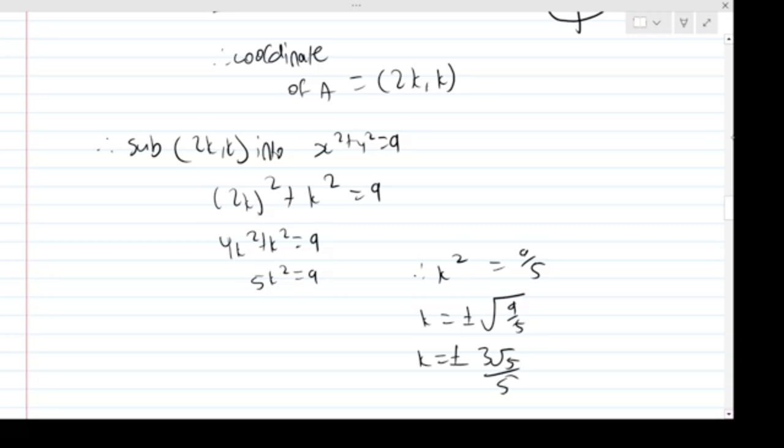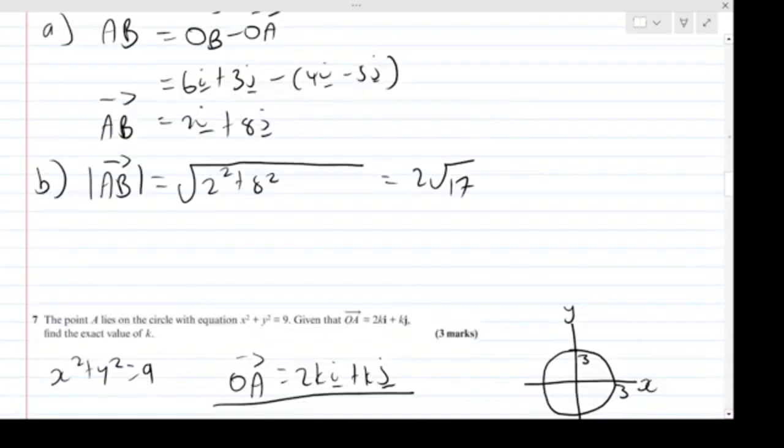And so there we are. The question doesn't tell me if k is positive or negative, so that is the two values of k. Again, the question is a bit misleading. It's from the textbook. They're not always written perfectly. The mark scheme does say those two values of k.